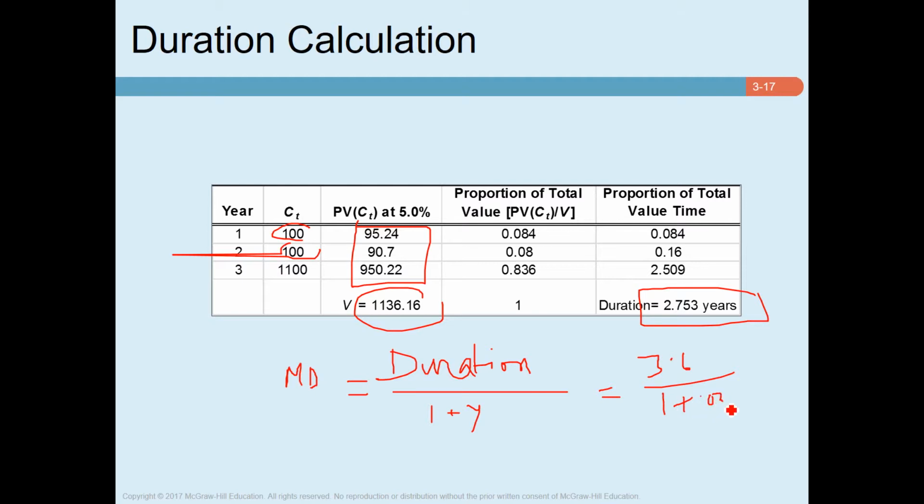So we divide 3.6 by 1.03, and what we get is 3.49%. What does this measure? It indicates that a 1% change in yield to maturity will bring a 3.49% change in bond prices.